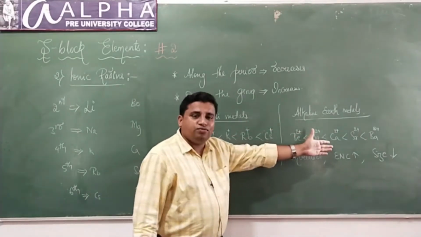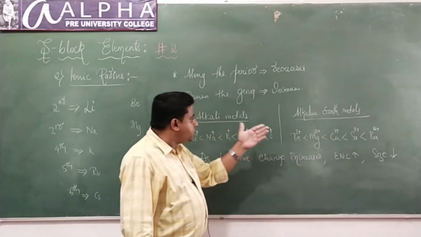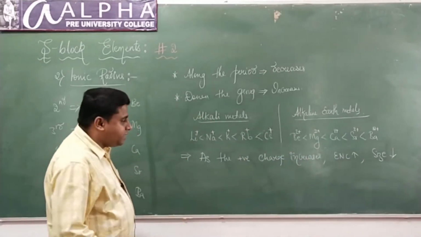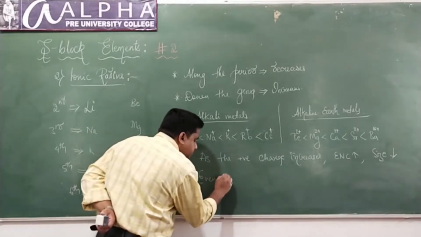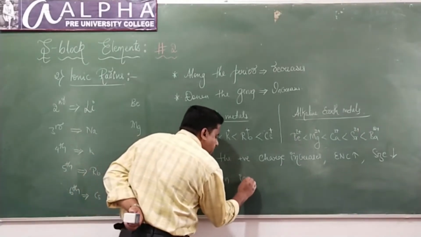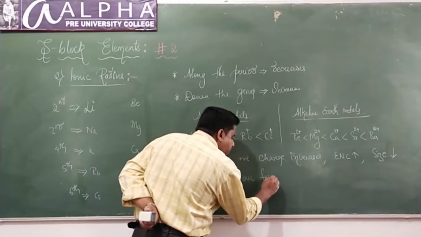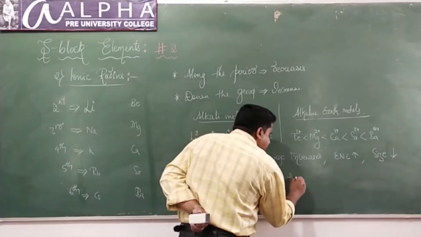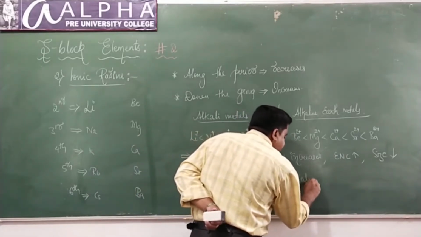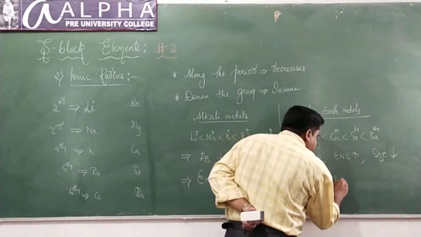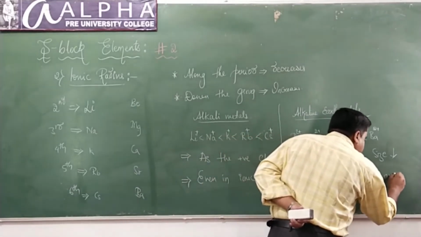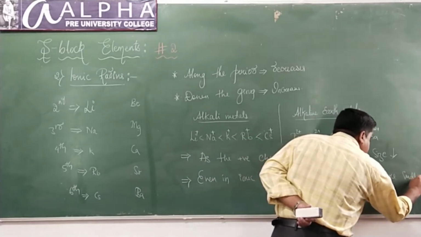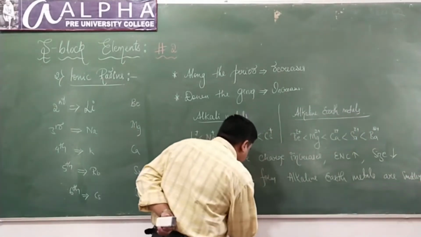Therefore, I can conclude that even in ionic form, alkaline earth metals are smaller than alkali metals.